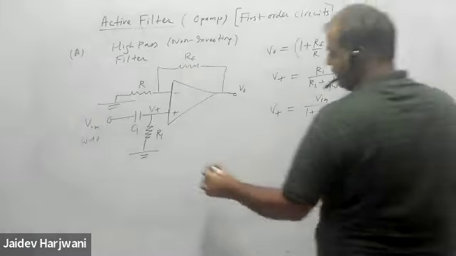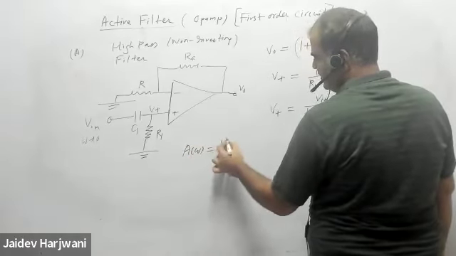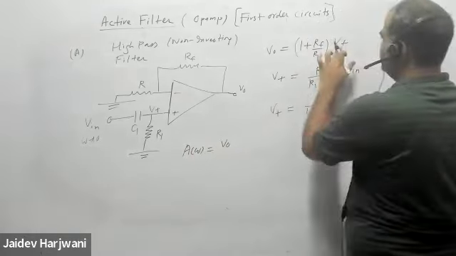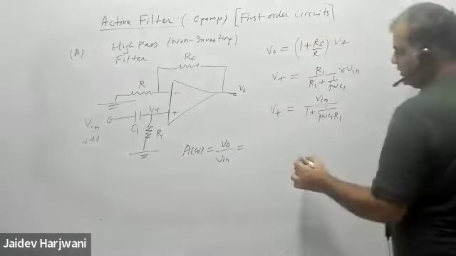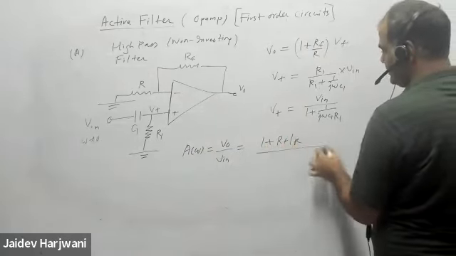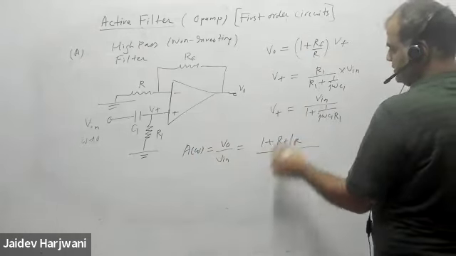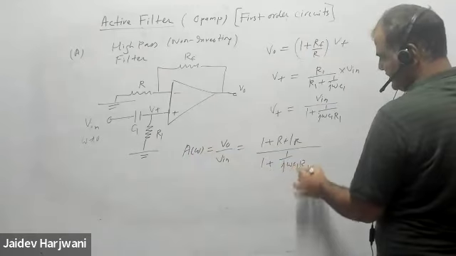And now my gain, that is V naught upon V input, putting the value of V plus, will be 1 plus RF by R upon 1 plus 1 by j omega C1 R1.